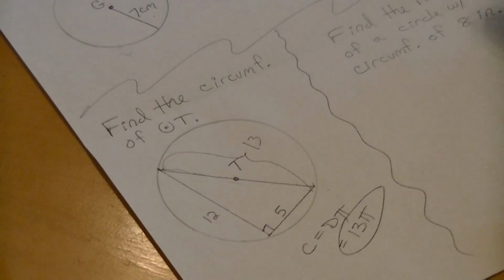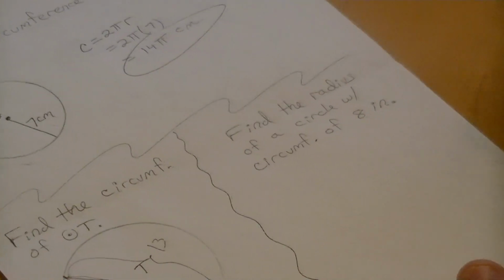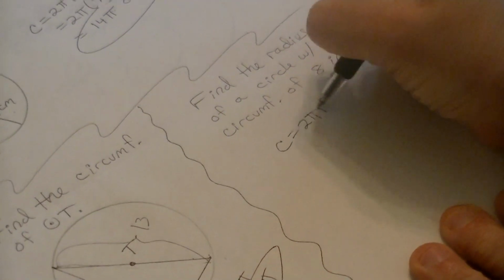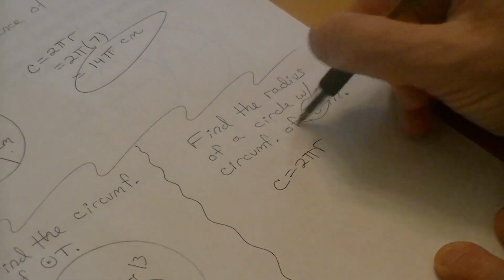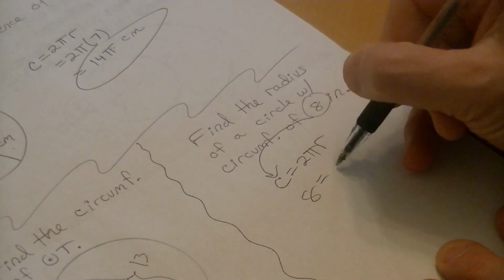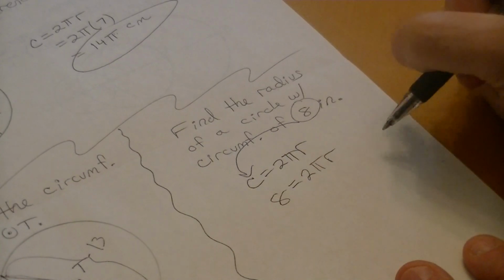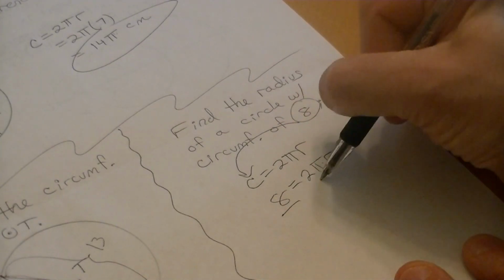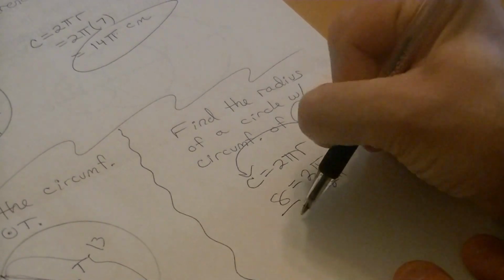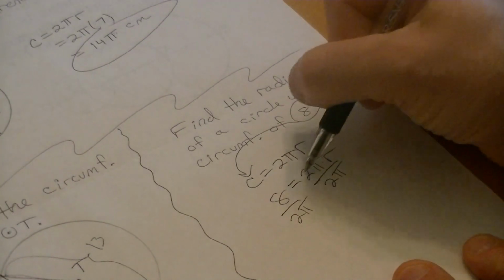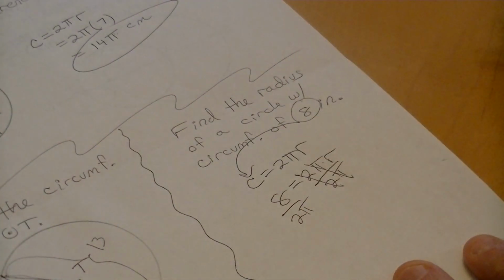If you want to find the radius of a circle and you know the circumference, we start with the formula, 2 pi r, and I'm going to fill in my circumference is 8. So 8 is 2 pi r, and I want to know what that radius is. So if I divide both sides by 2 pi to solve my equation, the 2's cancel and the pi's cancel.